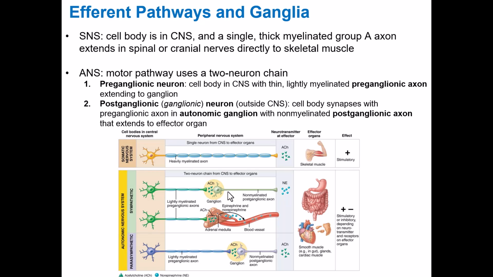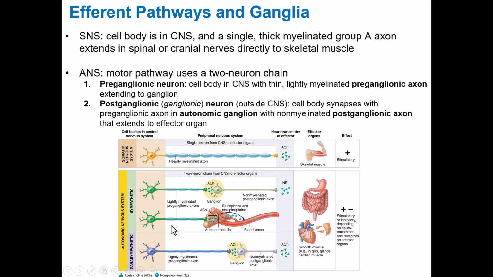We can refer then to the first neuron in this series as the preganglionic neuron, and the second neuron is called the postganglionic neuron. This is true for both divisions of the autonomic nervous system. The one exception is when the autonomic nervous system is trying to talk to the adrenal gland.